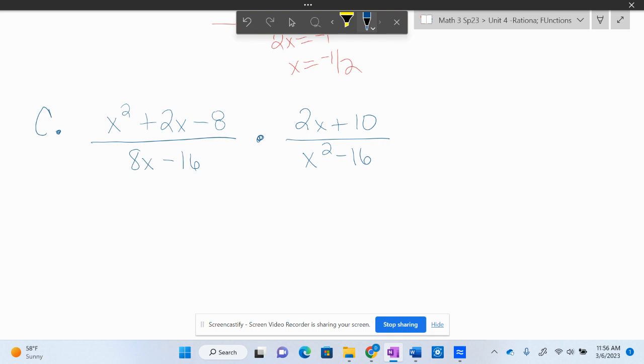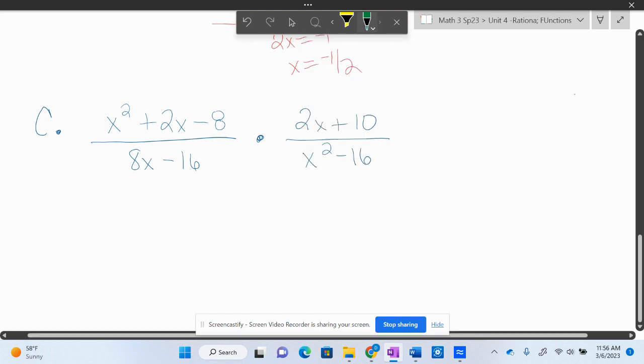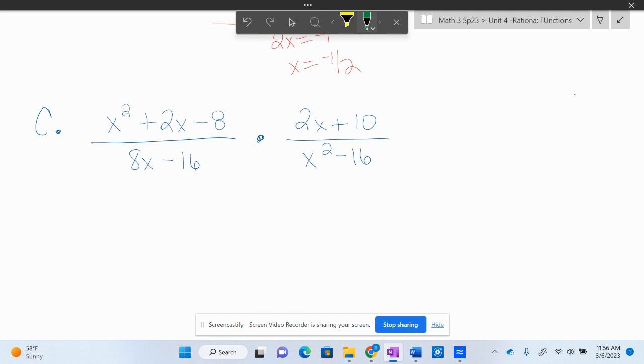So what can I take out of the numerator of the first fraction? What can get factored out? Any ideas? Positive 4, negative 2? Let's see. I agree. X plus 4 times x minus 2. Good job. What about the denominator? What can I take out of the denominator? Yeah, I can take out an 8, a GCF of 8.